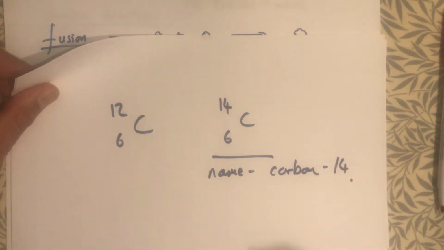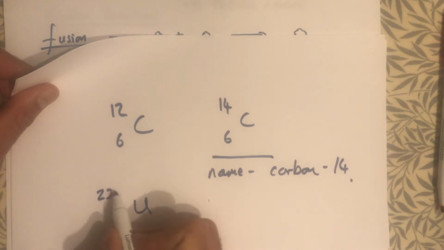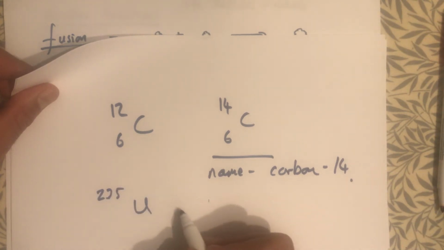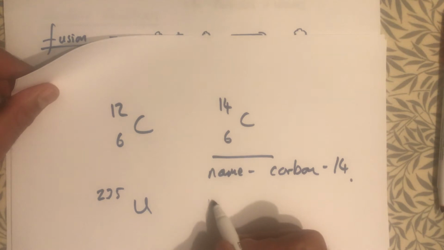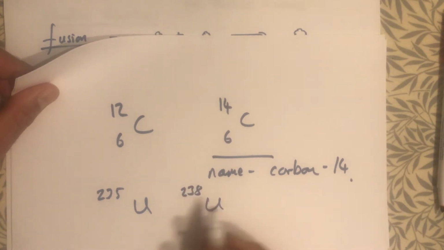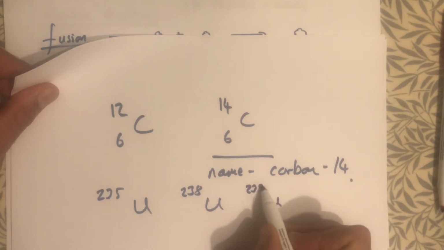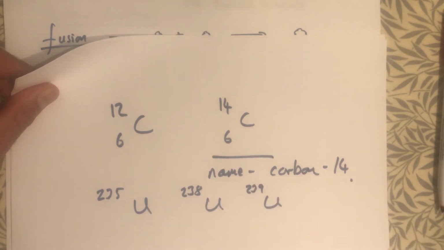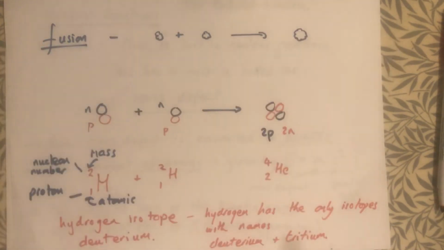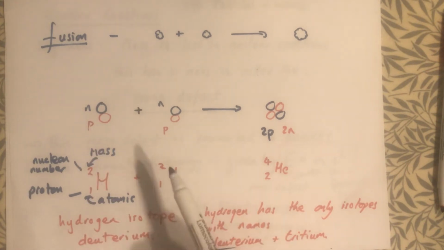It's the same with uranium. Uranium is famous for having its very highly fissile isotope uranium-235, and its other isotope uranium-238, which is the more common one, and also it has a 239 isotope, and I imagine there are other isotopes that are also short-lived, but none of these has a name, whereas hydrogen has these 2 isotopes: deuterium, which is this one, and tritium, which has 2 neutrons.